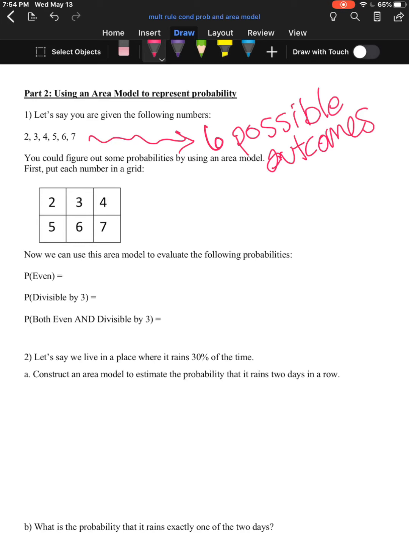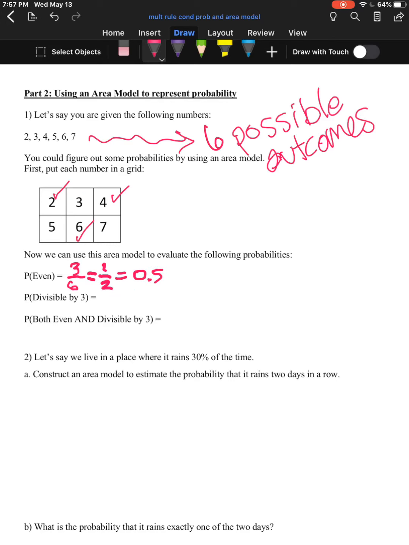Let's evaluate the following probabilities. The probability of an even number showing up. Well, how many even numbers do we have? We have a 2, a 4, and a 6. There are 3 favorable outcomes out of 6 equally likely outcomes. 3 out of 6 is equal to 1/2, which is equal to 0.5.